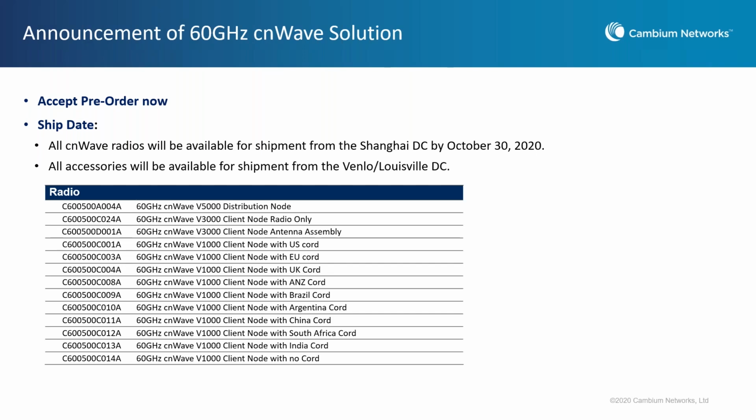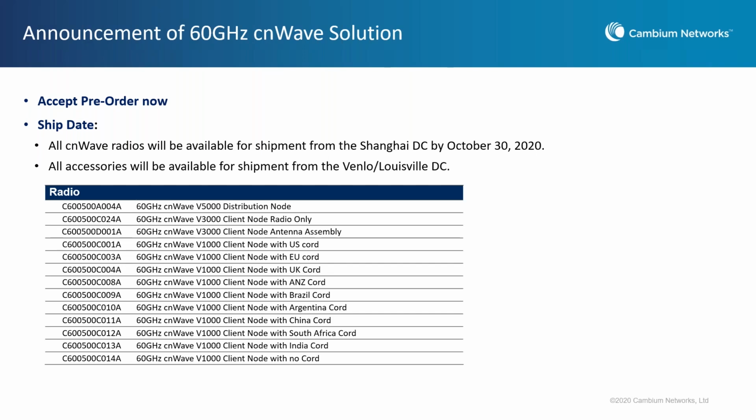You must order the antenna together with the radio. The reason we separate them is to make the packaging more efficient, so it will reduce your shipping cost. With the radio and antenna together, that's what the list price of 674 refers to. For V1000, everything is packed there: power supply, power cord, mounting bracket, cable gland.